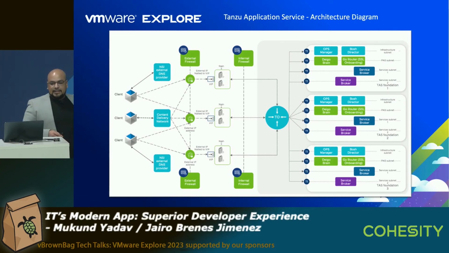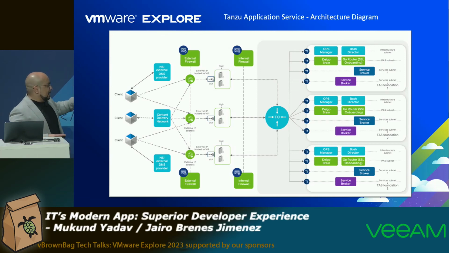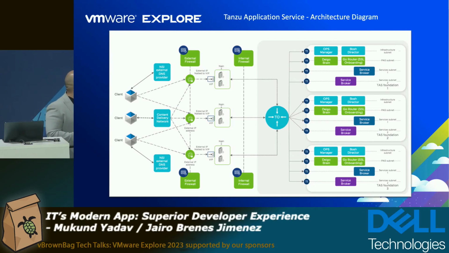This is TAS, and this all will be managed by the Diego brain in the case of TAS. We can have many T1s, and there is a T0 associated with it that will communicate with the T1s. This is the NSX part. Again, everything runs on VMware, so T1 and T0 will be managed by NSX.